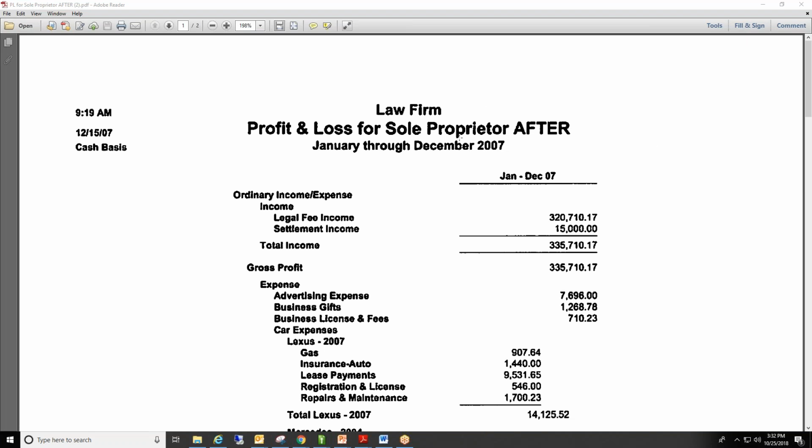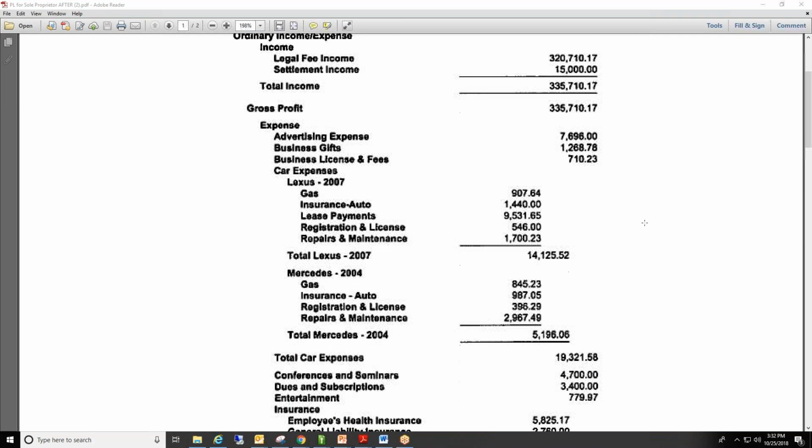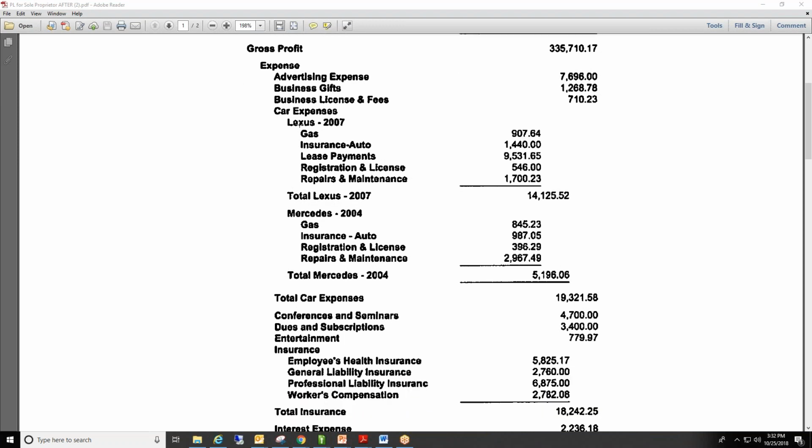So this is an example I did for a law firm, showing income here. Now we go down to the expenses, and he has advertising, business gifts, licenses, and then notice how the car expenses are split between a Lexus and a Mercedes. The reason this attorney did it this way is because each of the vehicles had a different percentage of business use.